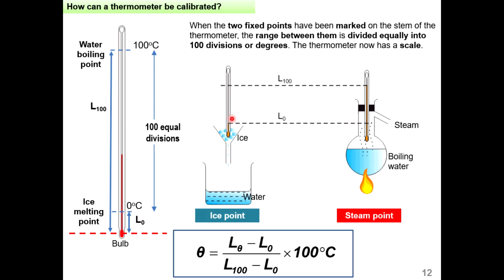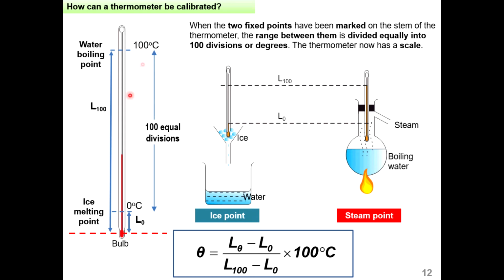Then the same thermometer, the one that is not calibrated yet, is placed in the steam, and the mercury will rise, and this is the length of the mercury when the temperature is 100 degrees Celsius.